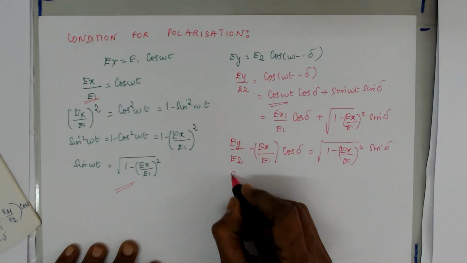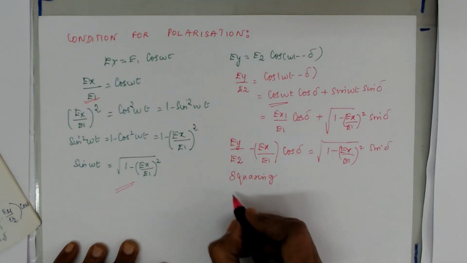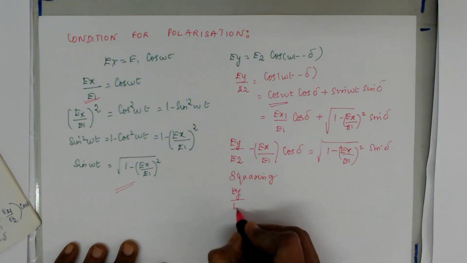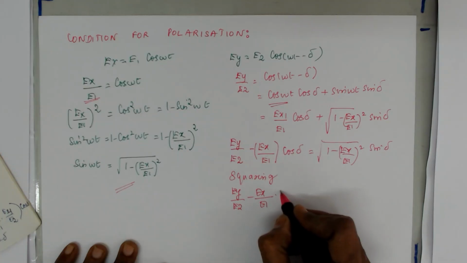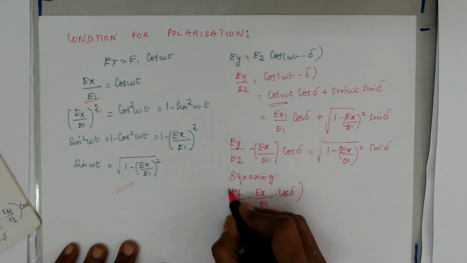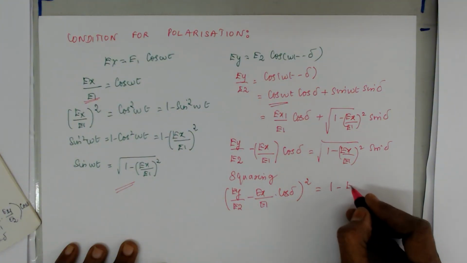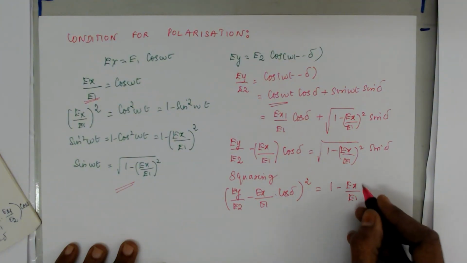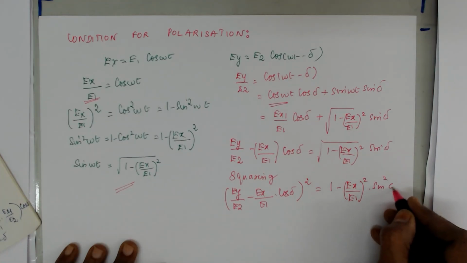Squaring on both sides, we have Ey by E2 minus Ex by E1 into cos delta the whole square, which is equal to 1 minus Ex divided by E1 the whole square into sine square delta.